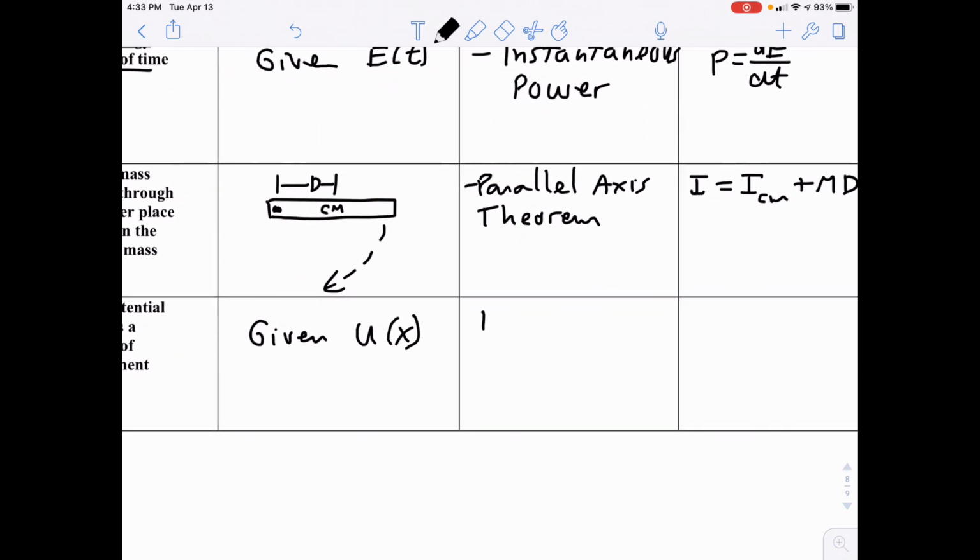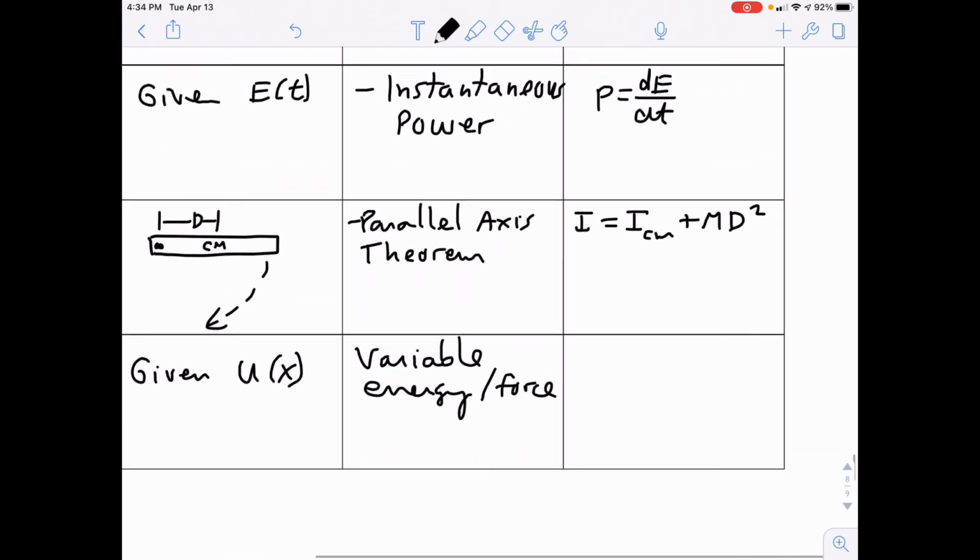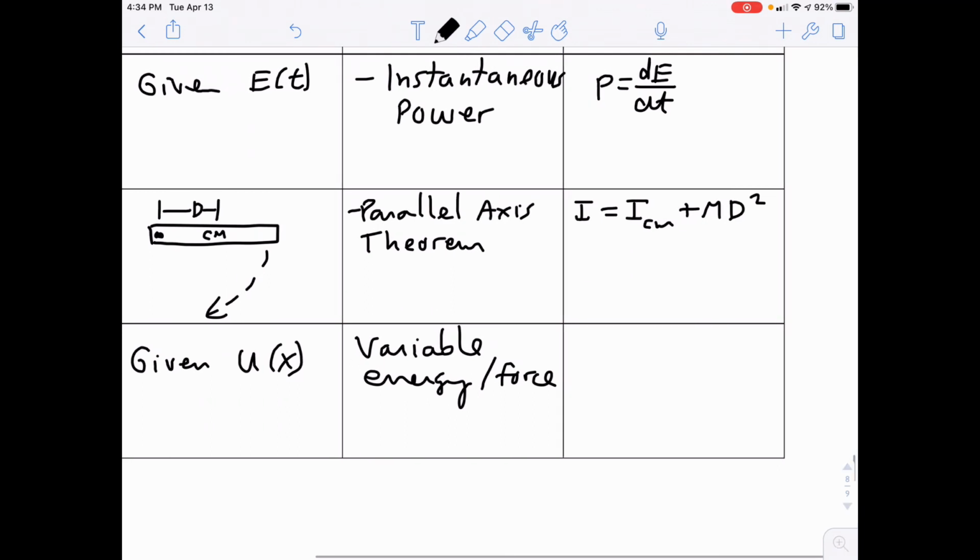Well, this would be a variable energy and force problem, and the equation that results from that is the force is equal to the negative derivative of the potential energy function with respect to position.